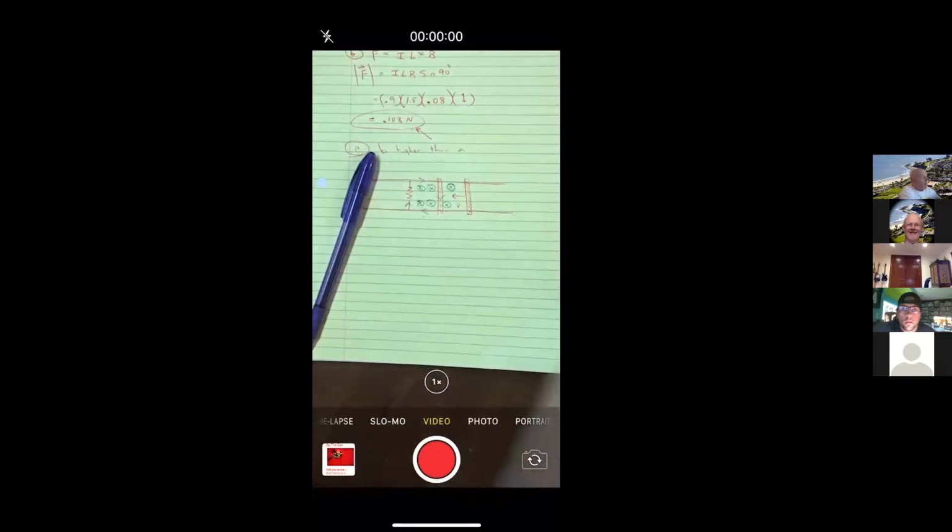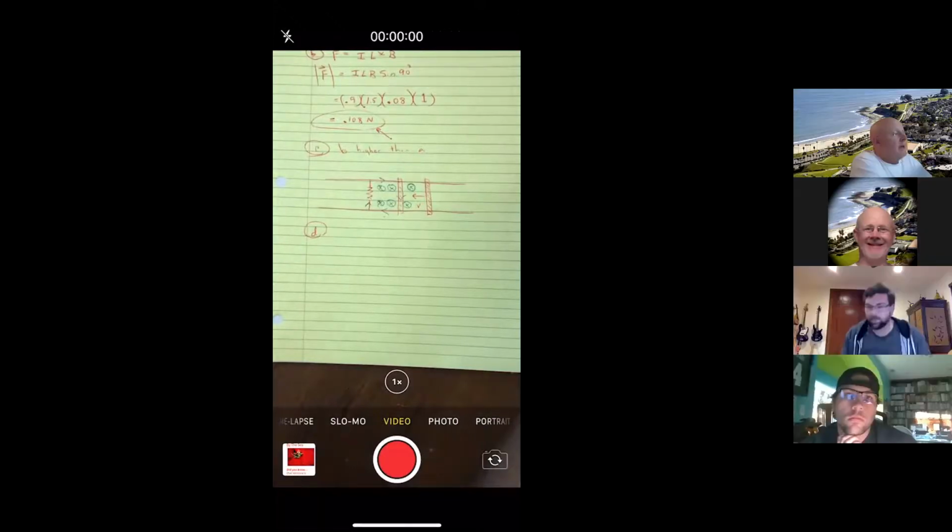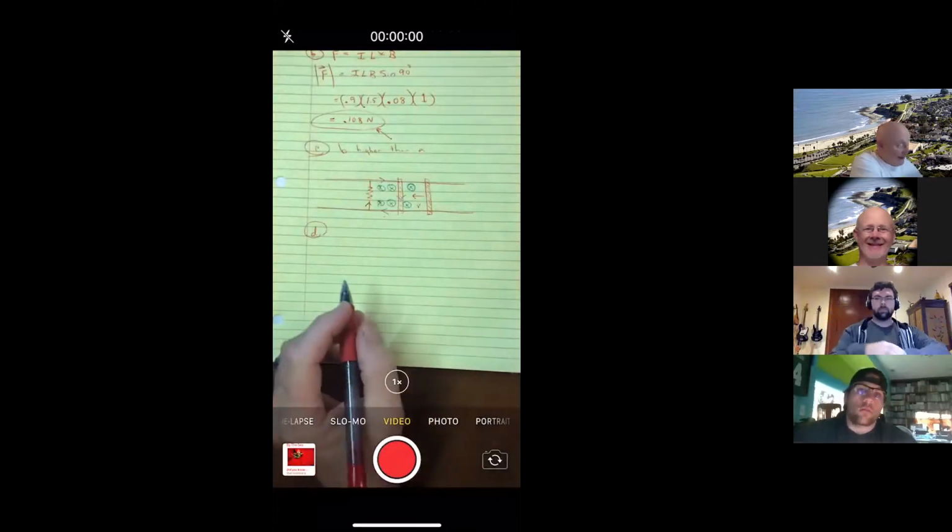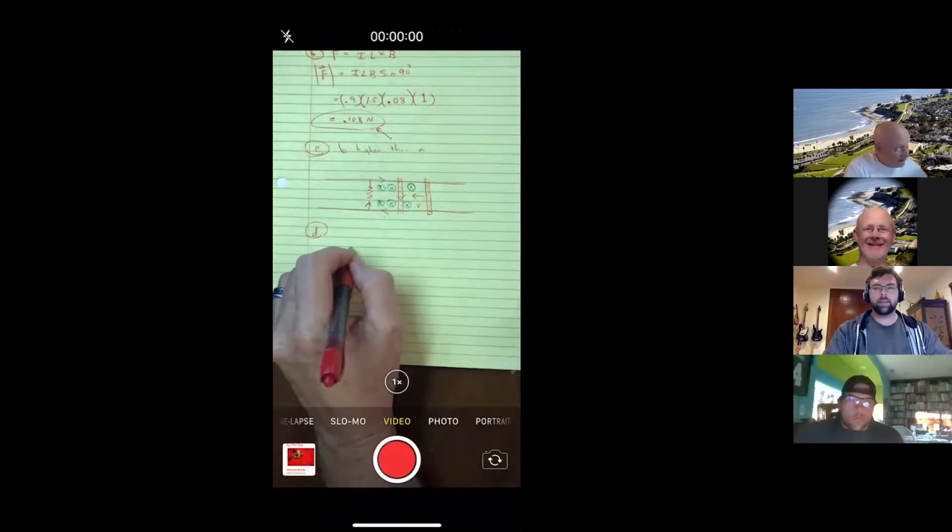Now, I think we have to do that right-hand rule again for D, because D is saying, after the axis rolls past the resistor, does the current in R reverse direction? Let's go through the right-hand rule again to answer this.